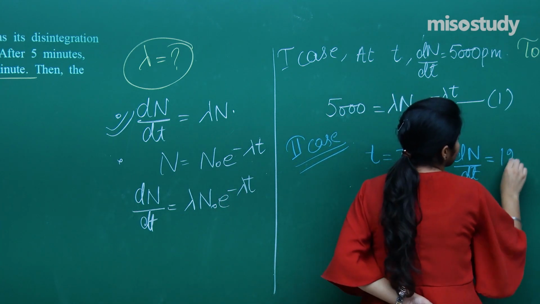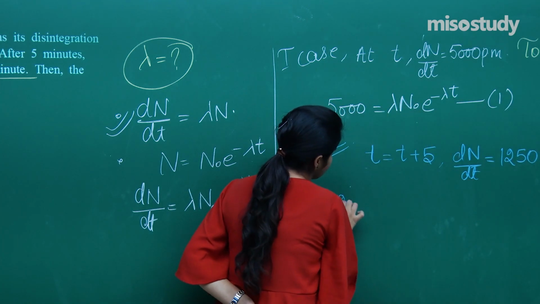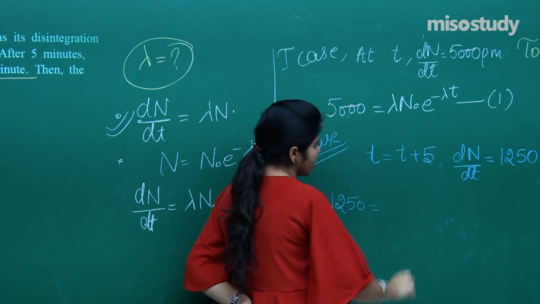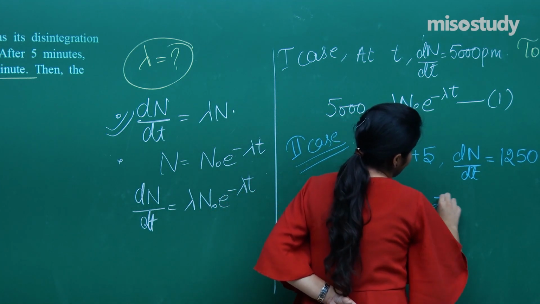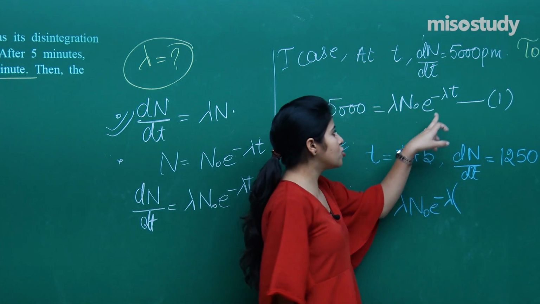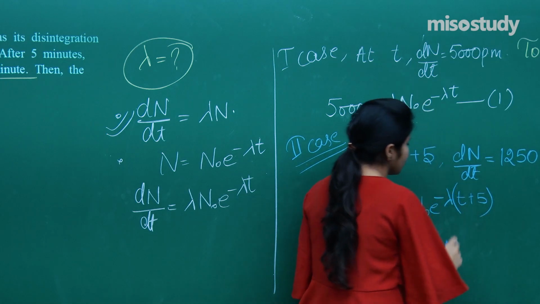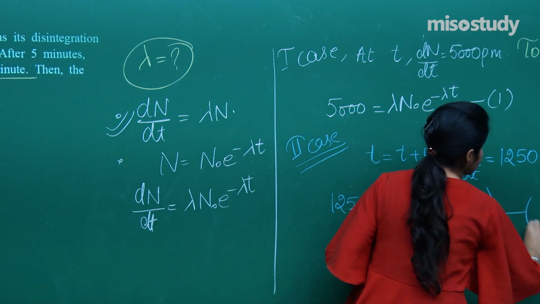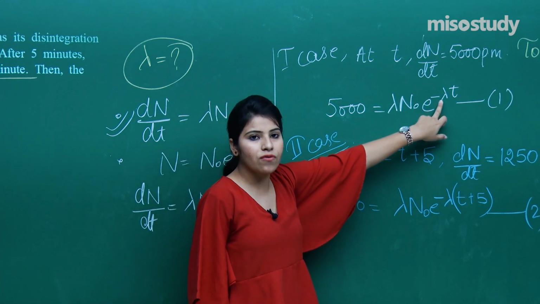So you are going to put 1250 equals lambda N naught e raised to the power minus lambda, and in place of t, you are going to put t plus 5. Now you have two equations with you. You have to find out this value of lambda.